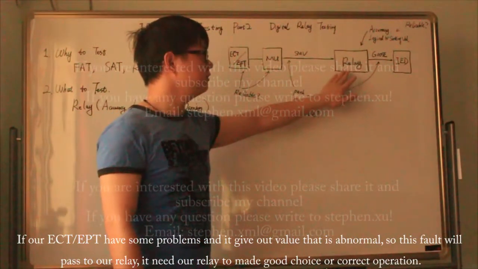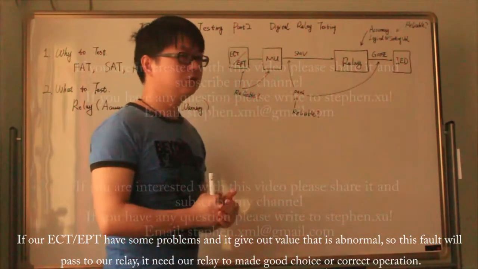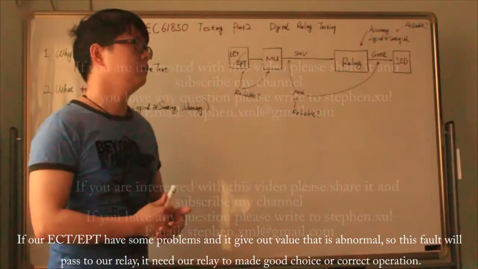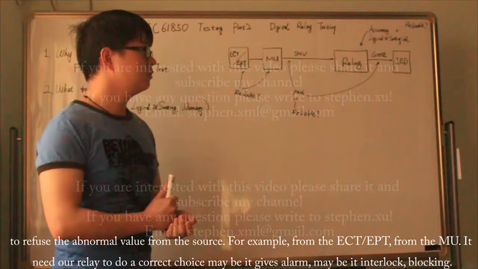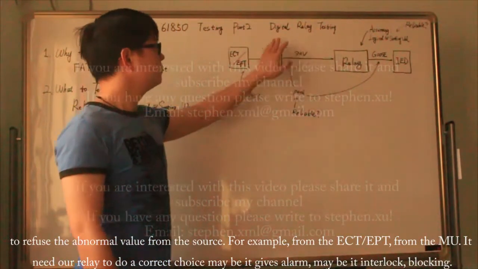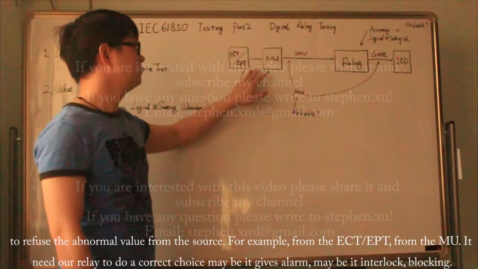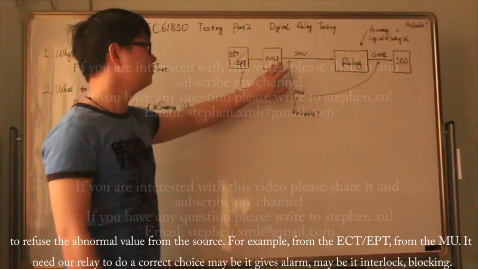It needs our relay to make a good choice or good operation to refuse the abnormal value from our source, for example from the ECT, EPT, or the MU.